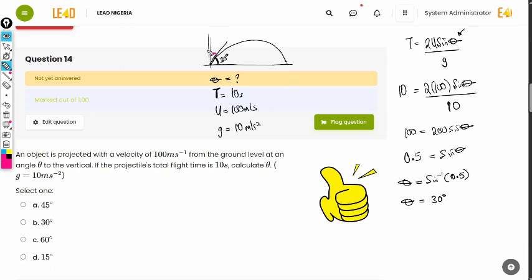So that means x plus 30 must give you 90 degrees, so x is 60 degrees. So the angle with the vertical is 60 because we solved to get the angle with the horizontal as 30 degrees. So the correct answer is C. Alright, the correct answer is option C.